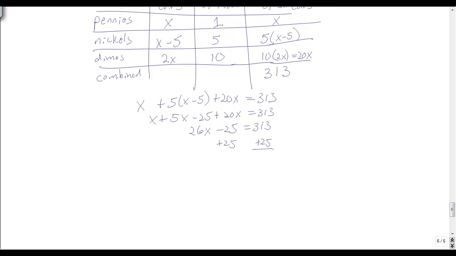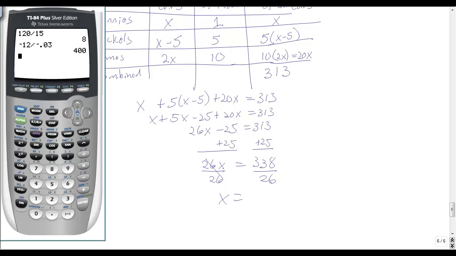That gets me closer to isolating x. Negative 25 plus 25 cancel. 26x equals 338. Then to undo multiplying by 26, I divide by 26. So x equals 338 divided by 26.